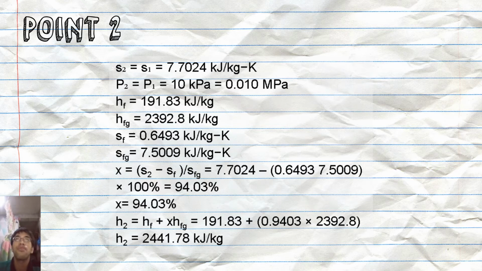Then next is yung P2 or pressure 2, which is 10 kilopascal, and convert natin sa megapascal, maging 0.010 megapascal. At kung check natin mula sa table 2 na steam table, makukuha natin yung enthalpy saturated liquid, which is 191.83 kilojoules per kilogram.